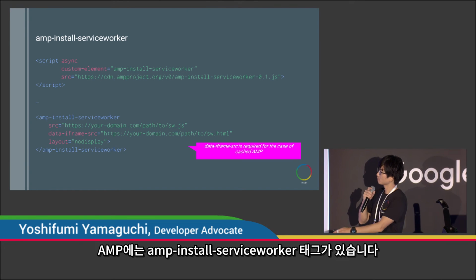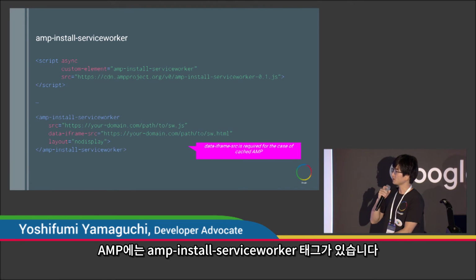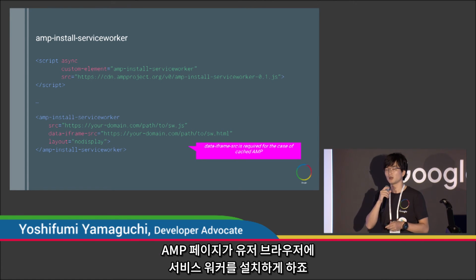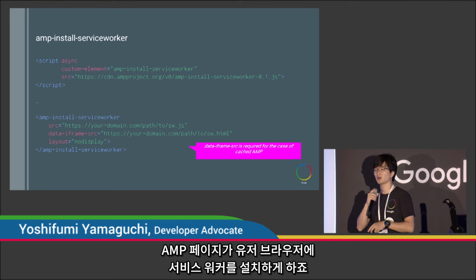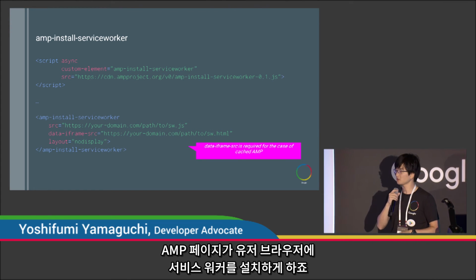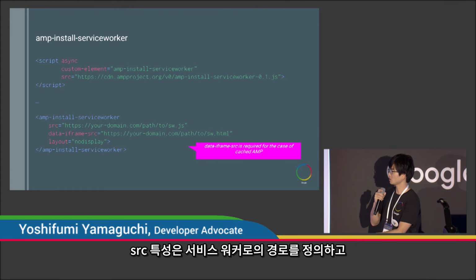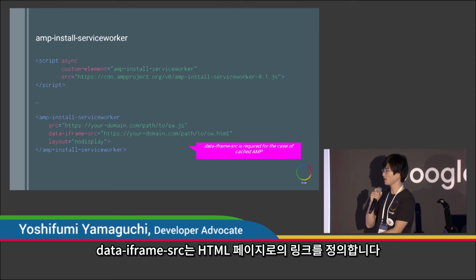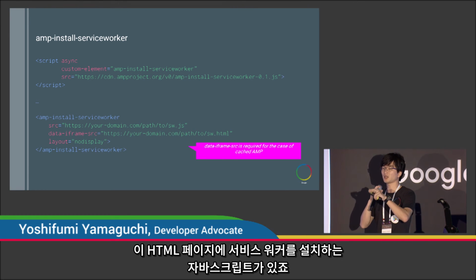So AMP has the amp-install-serviceworker tag that enables AMP pages to install a service worker in the user's browser. The src attribute defines the path to the service worker itself, and the data-iframe-src is the link to the HTML page, which has the JavaScript that installs the service worker.